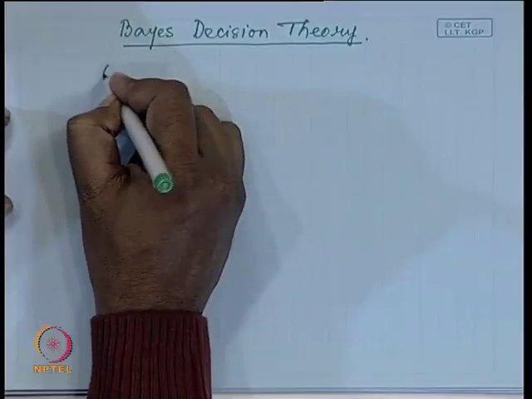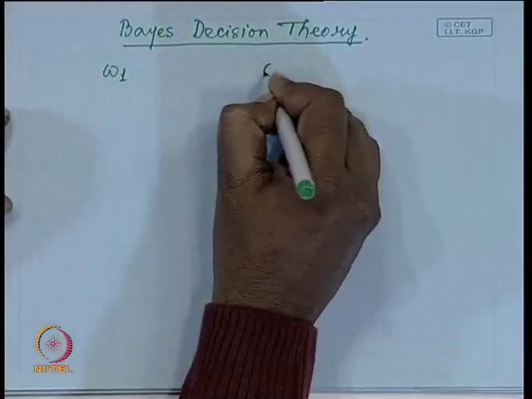After inspection, if they find that the products are acceptable, meeting all the norms and specifications set for that particular product, it will be put under the accepted category. If the product is not acceptable, there is some defect, it will be put under the reject category. So, I was talking about a two class problem. One class I said omega 1 and the other class I said omega 2.